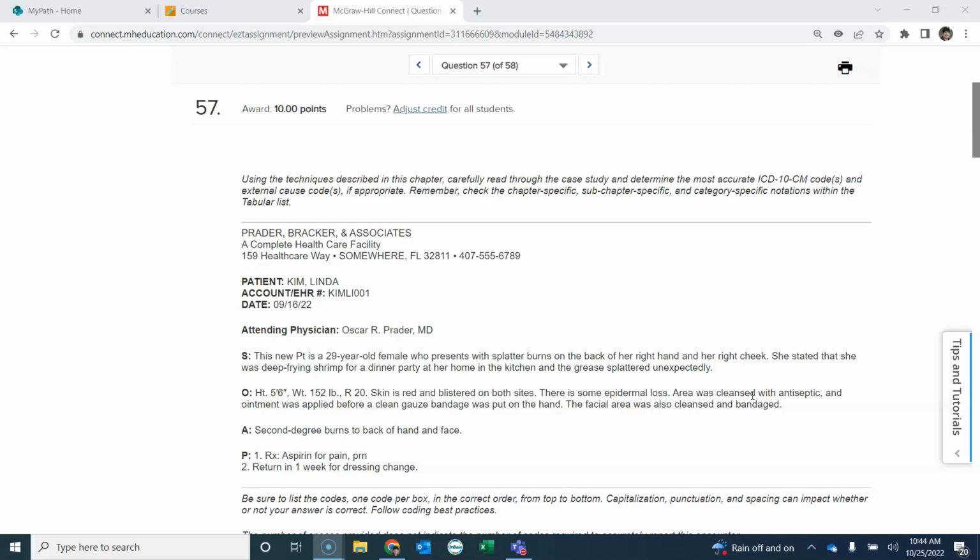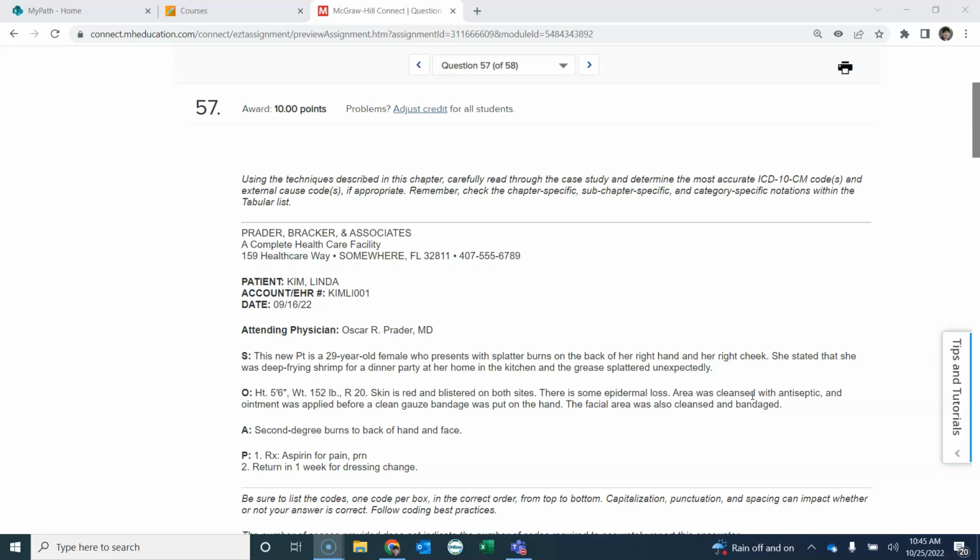Also, go back to right above T20, and it tells us use additional code from category T31 or 32 to identify the extent of body surface involved. So anytime you have a burn, you have to have a T31 code, even if it's minimal percentage, body percentage.